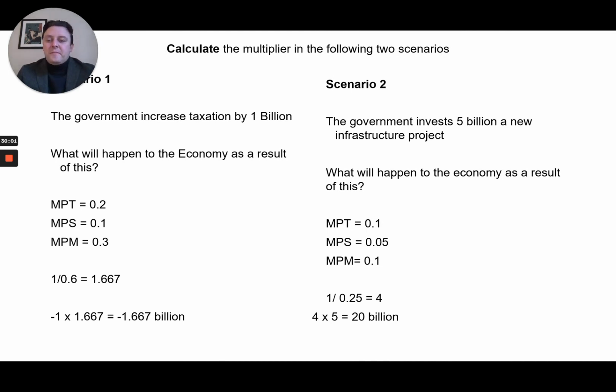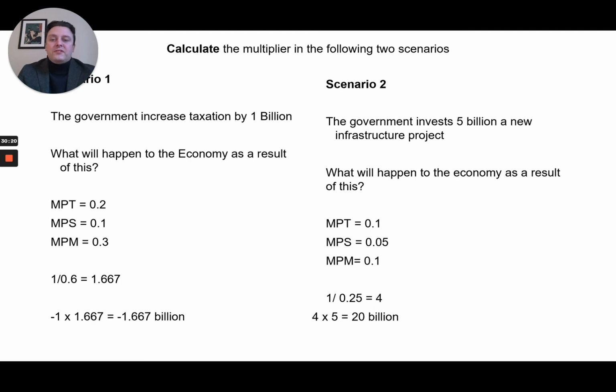So nice and easy. You add them all together, and then you've got the marginal propensity to withdraw. In this case, 0.2 plus 0.1 plus 0.3 is 0.6, so it's 1 divided by 0.6, which is 1.667.